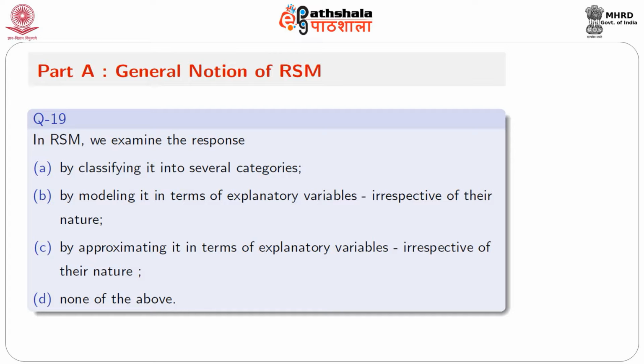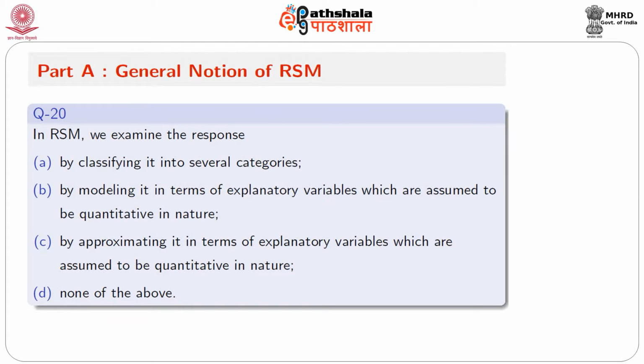We are trying to understand the behavior of Y as a function of x1, x2, etc. Unless there is a regularity in the behavior of Y, you cannot get anything out of it. Therefore, irrespective of their nature, it cannot be. So here is another one.